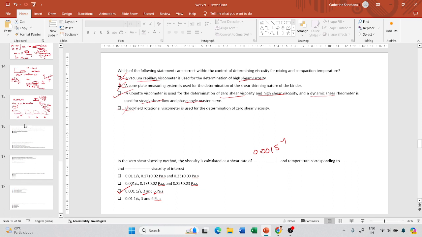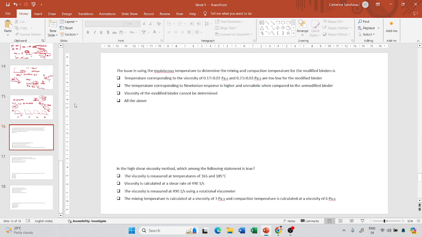Okay, so moving on to the next question. The issue with using the equiviscous temperature to determine the mixing and compaction temperature for the modified bitumen is what? So here, if you use this criterion, finding the temperature at which the viscosity is 0.17 and 0.23, your modified bitumen is stiff, right?